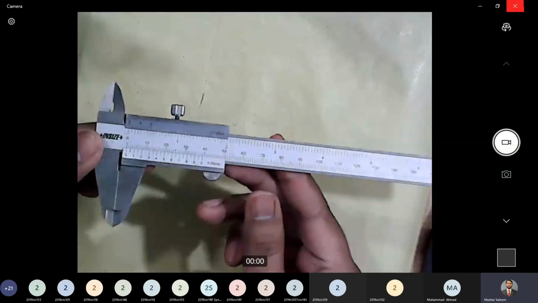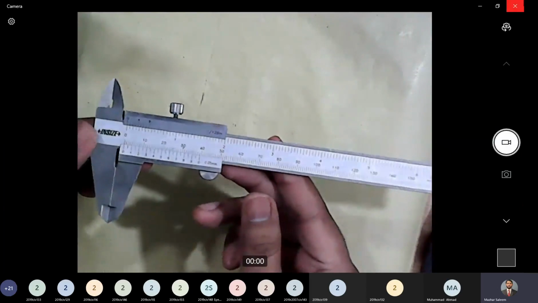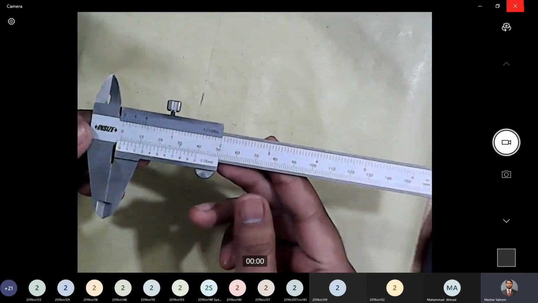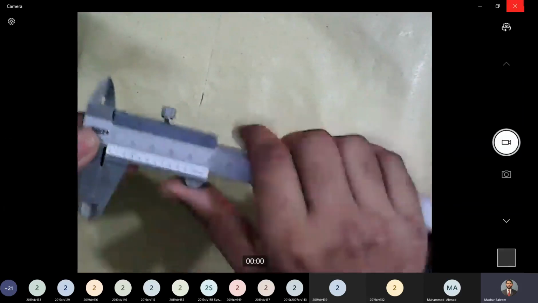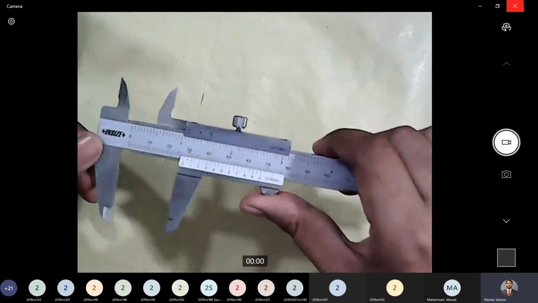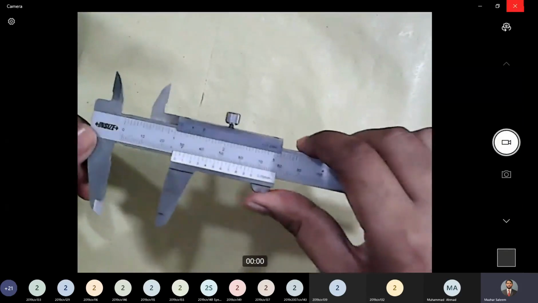Okay, so this instrument is the first one. Its name is vernier calipers. You guys might have seen that before. This instrument is used to measure length, internal diameter, external diameter, or depth of any container.